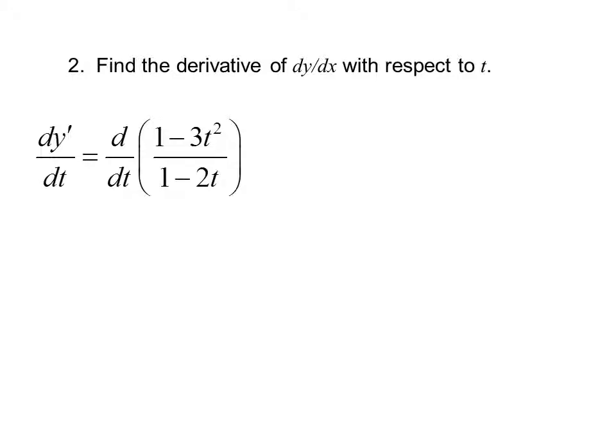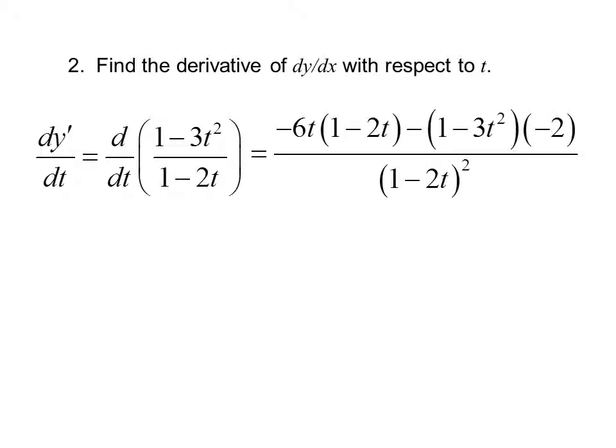Step 2. Find the derivative of dy/dx with respect to t. So we have dy prime/dt equals d/dt of 1 minus 3t squared over 1 minus 2t, which gives us negative 6t times 1 minus 2t minus 1 minus 3t squared times negative 2, all over 1 minus 2t quantity squared.